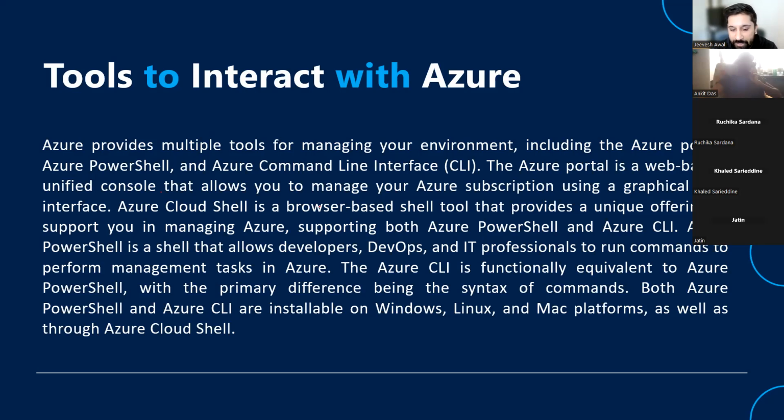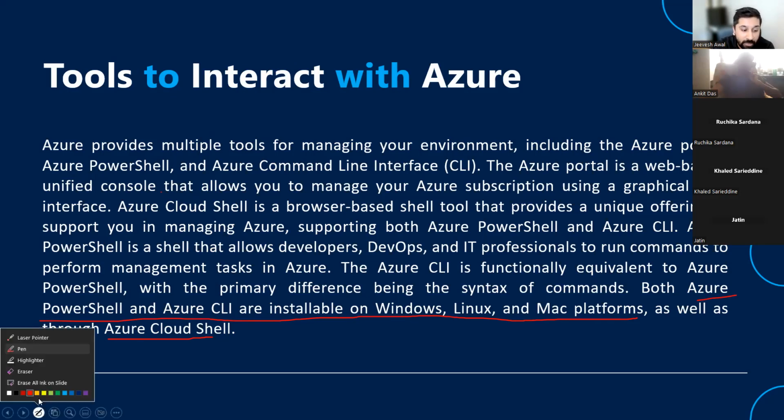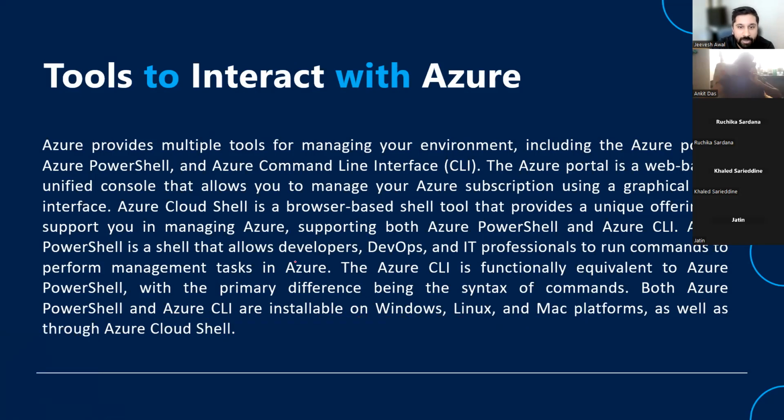Okay, so in simple words, what you need to remember for the exam is Azure PowerShell and Azure CLI are installable on Windows, Linux, Mac platform, as well as you can access them via Azure Cloud Shell, which I just did right now. So you could run the CLI within the Azure portal, which is Azure Cloud Shell, or you could have it installed in Windows, Linux, or Mac, depending upon what your requirement is.